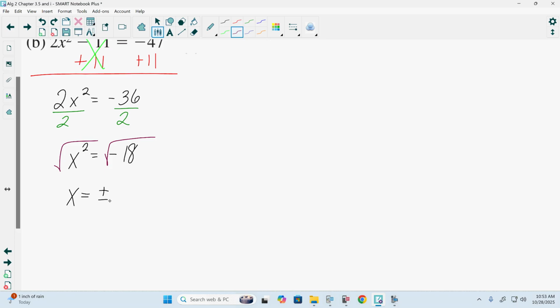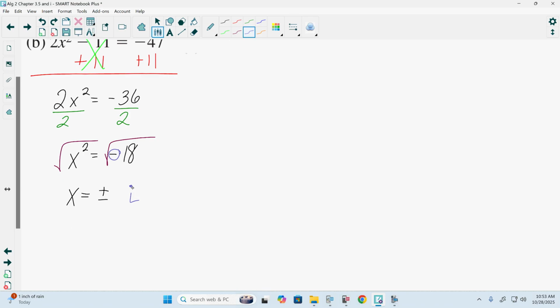18 is not a perfect square. One of it is just knowing our perfect squares, because the perfect square numbers we have are 4, 9, 16, 25, 36. 18 is not listed there, so it's not going to be a perfect square. But we do know that this negative is going to have to come out as i.